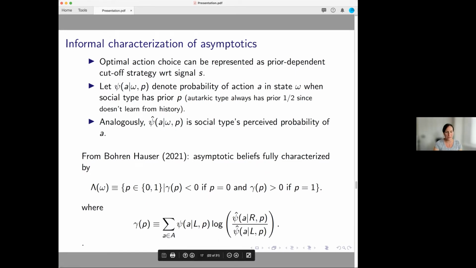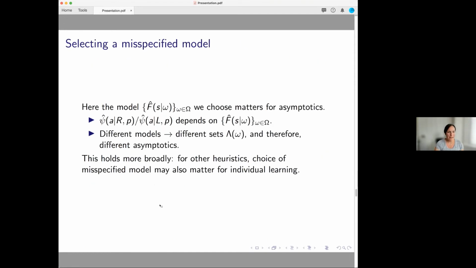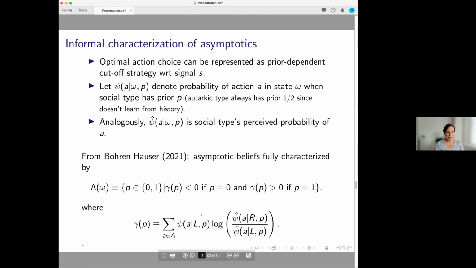So at either thinking the state is R with probability 1 or thinking the state is L with probability 1. From this construction, we can see that the chosen model, F hat, is going to matter for the asymptotics. Specifically, this expression, which determines the set of asymptotic beliefs, depends on our choice of model.